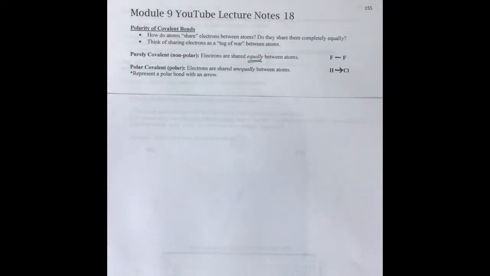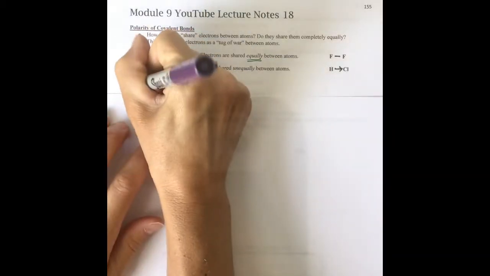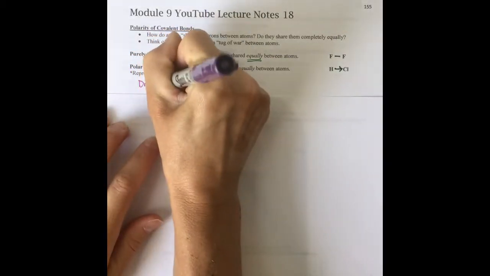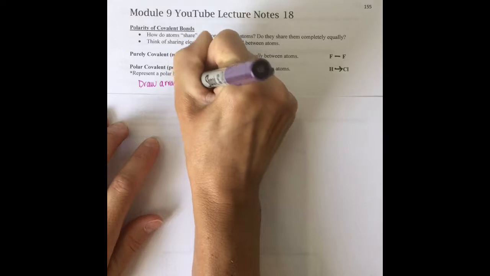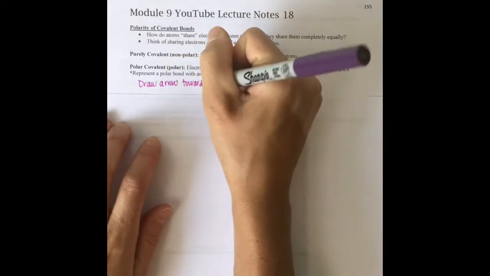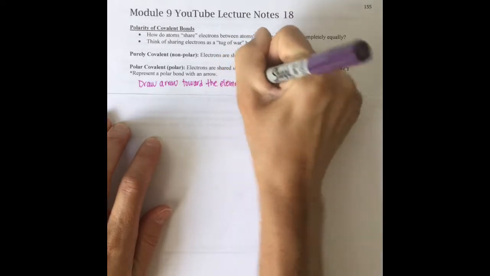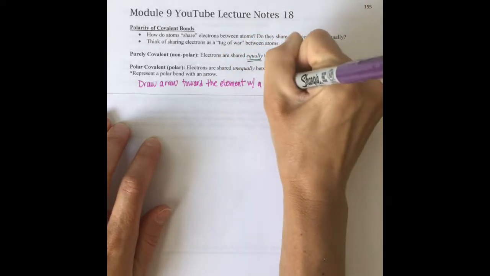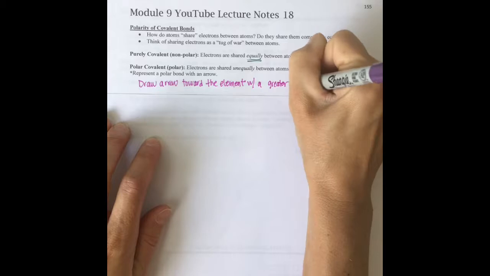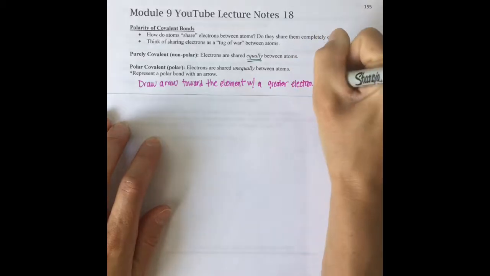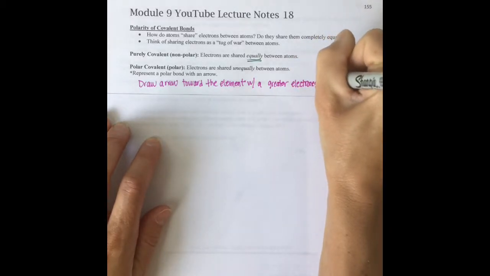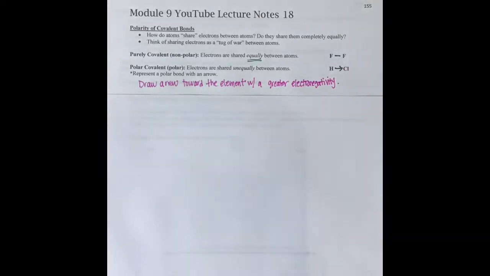Okay, I want you to write down that you're going to draw the arrow toward the element with a greater electronegativity. And we will talk about that, what that means in just a second.